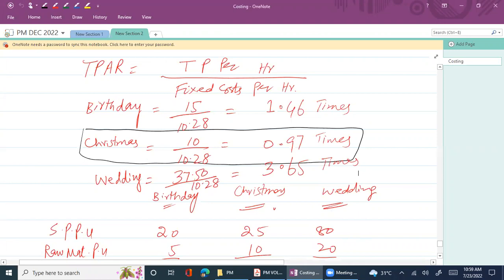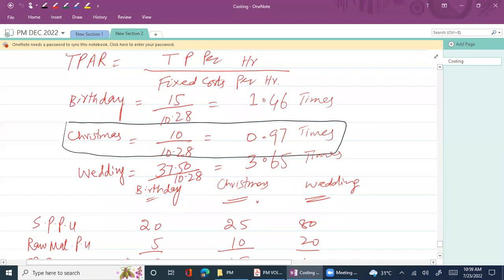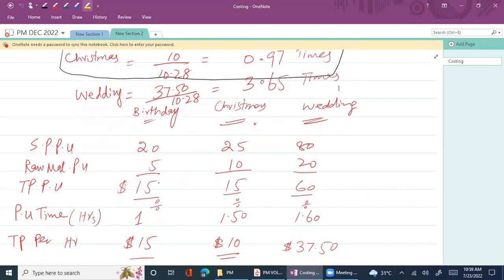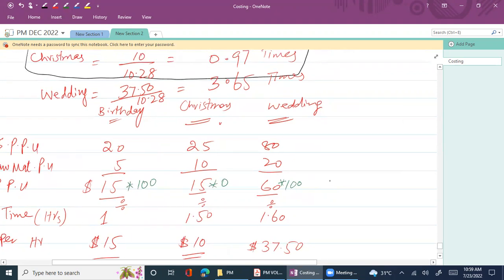When we calculate, let's say, we can assume some figures. We have calculated the throughput per unit. Let's say we are producing 100 birthday cakes and 100 wedding cakes for simplicity and no Christmas cake. Then I should assume the greater figure, 10,000.